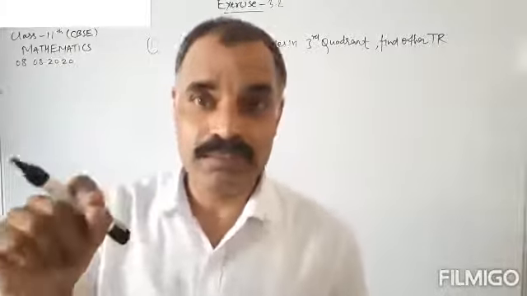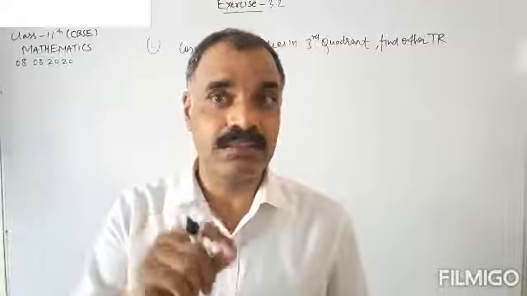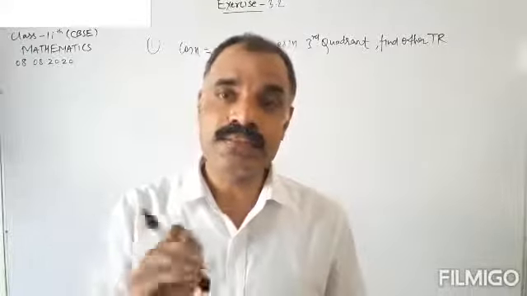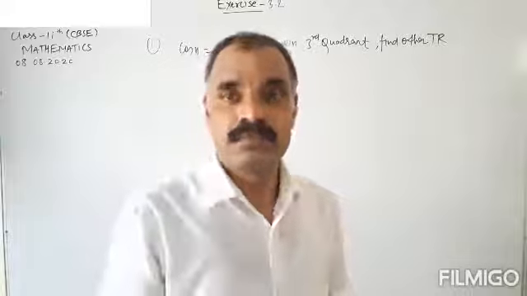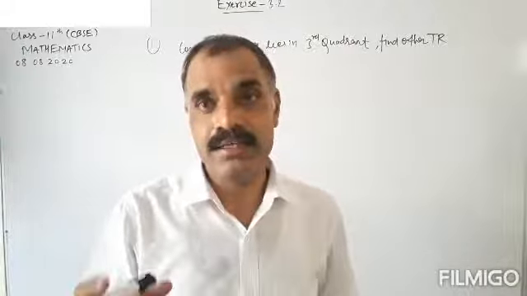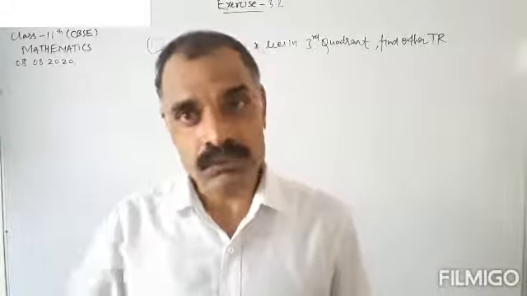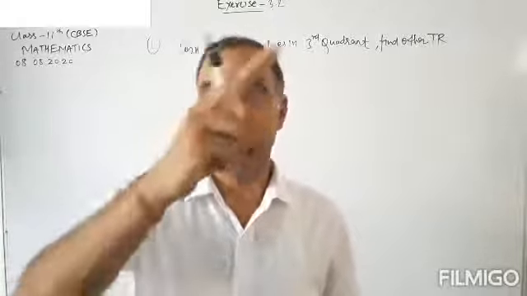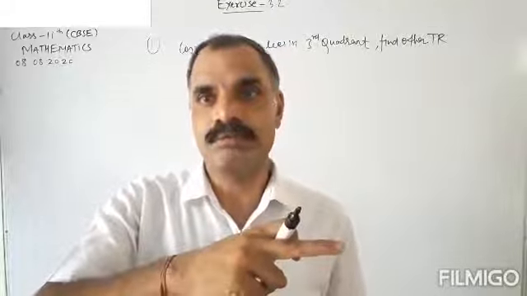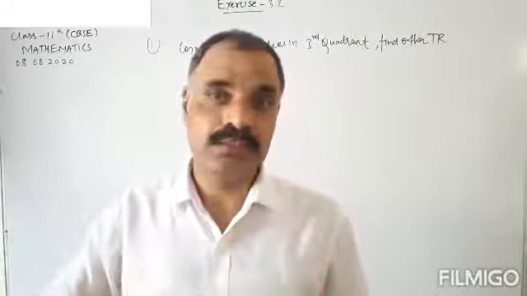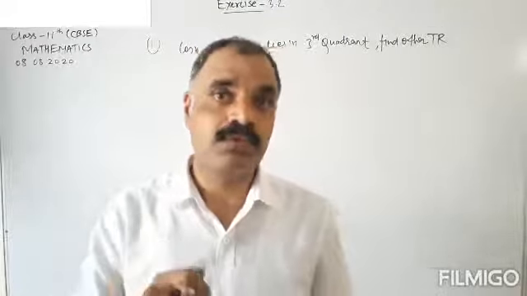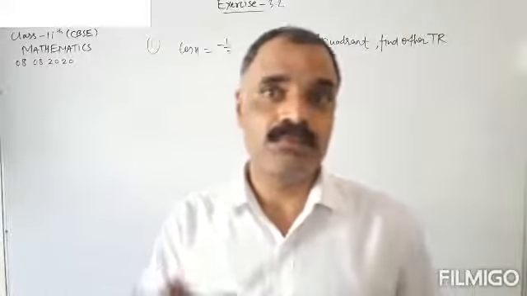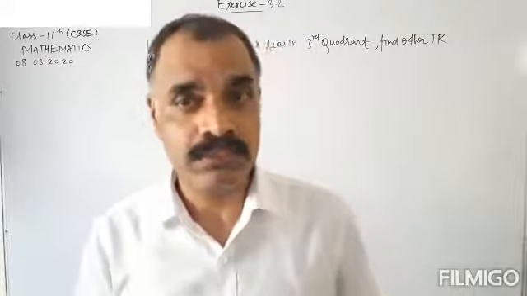one more thing that is given, that x lies in the third quadrant. What does it mean that x lies in the third quadrant? Go to the third quadrant: 90 degree, 180 degree, second quadrant complete. Now the third quadrant started, and in the third quadrant we know that the angle varies from 180 to 270 degree.